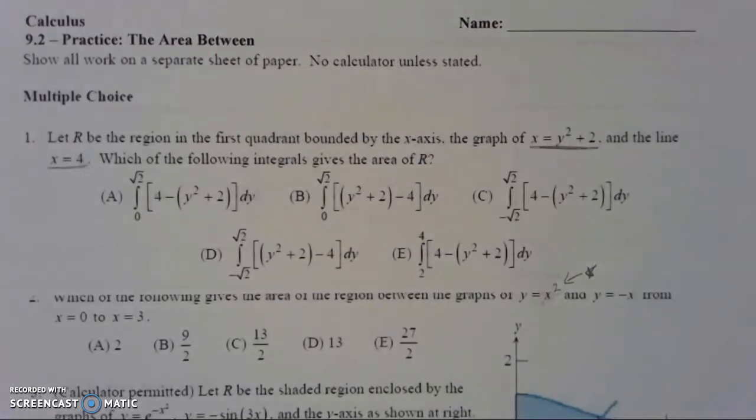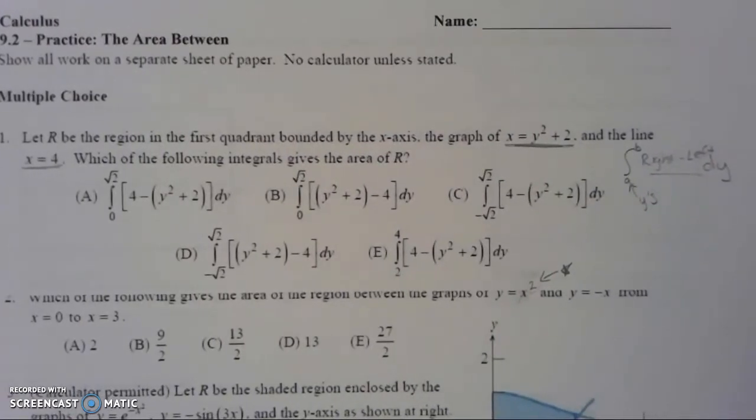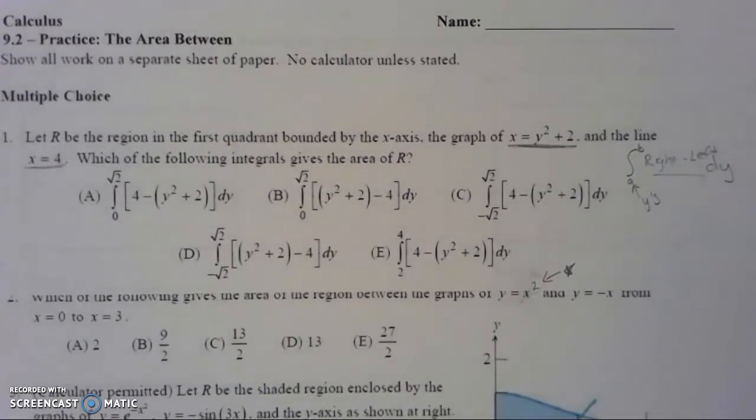This means when you are doing your integral, your a and your b, or the other time we called it a c and a d, these are actually going to be y values because your functions are going to be in terms of y. And that means this needs to be the right function minus the left function. So please remember that that is the part that is different about a problem like this.